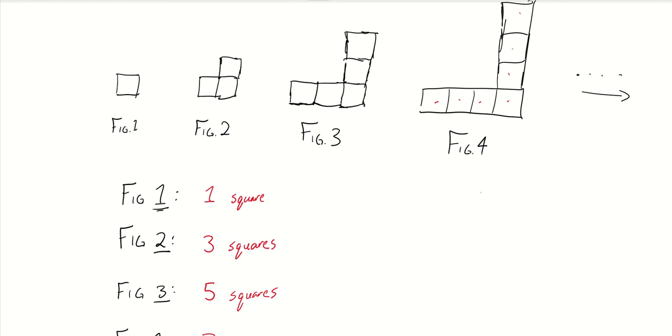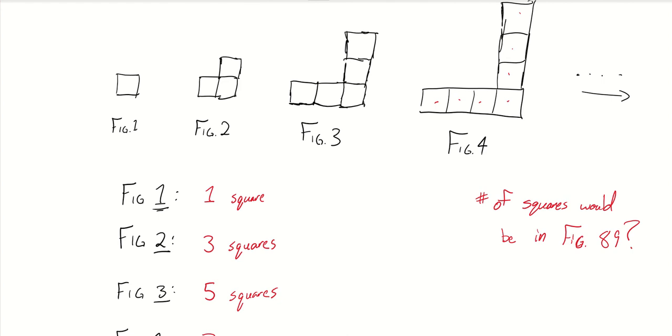And what we can do here is we can eventually find a pattern and leverage that pattern to find out how many squares would be in figure, let's say, 89. How many squares would be in figure 89?